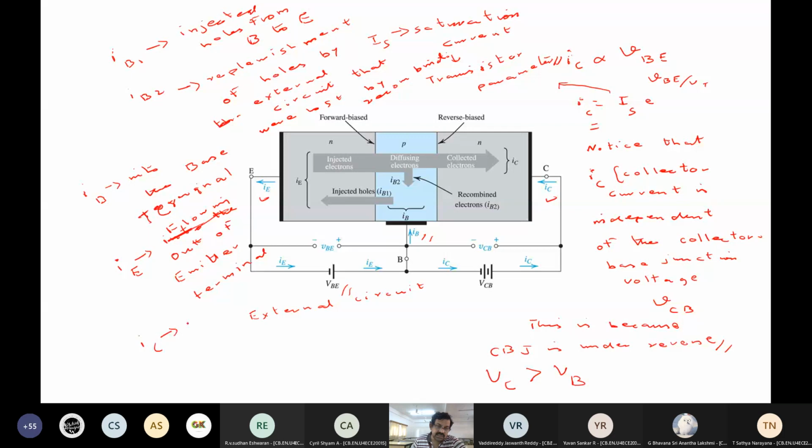IC is into the collector terminal. So these are the three currents.